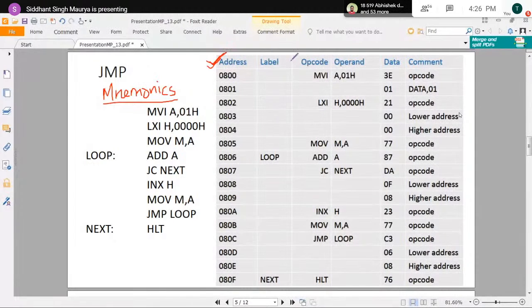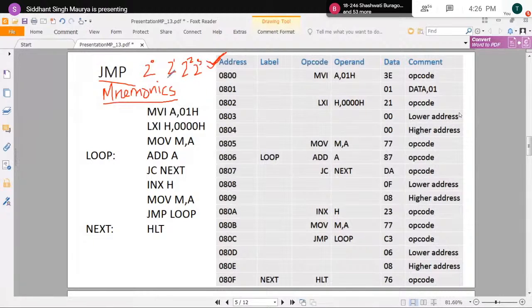Because it makes the other person understand what you have written, what the sequence of the program is, and how the program is going. This program is creating a kind of sequence of powers of 2: 2 to the power 0, then 2 to the power 1, and so on, each stored in the next location.